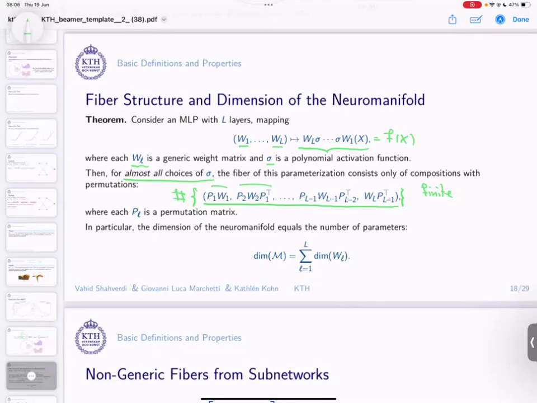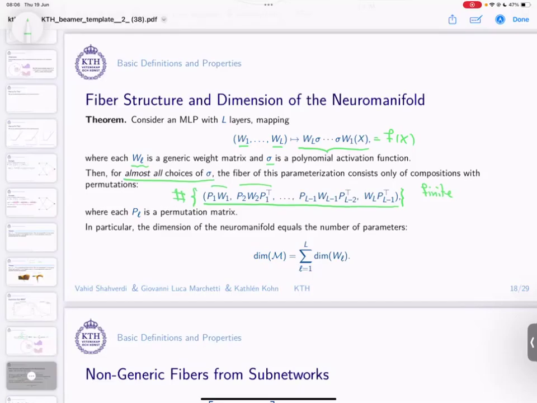So we can actually identify the fiber of an MLP with polynomial activation. With ReLU, it's going to give you more fiber, because in ReLU we also have a positive scaling symmetry. But for an arbitrary choice of polynomial as activation function, we only get these symmetries in the fiber.